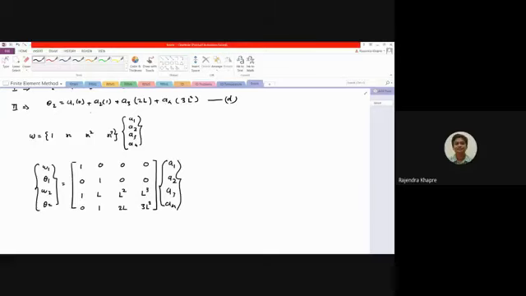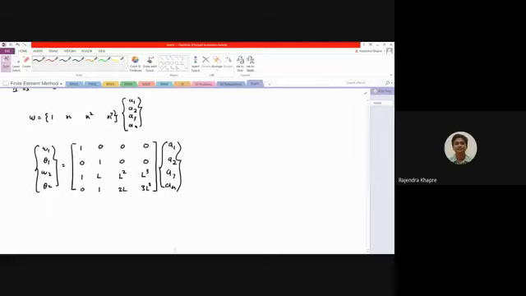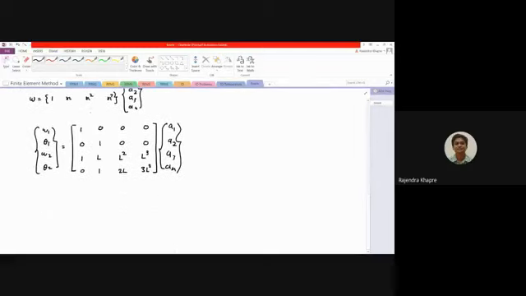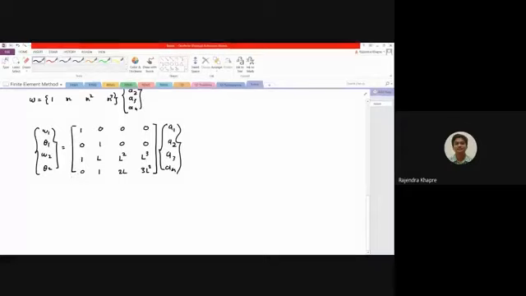Now how to do this? The simplest way is to take the inverse of this particular matrix, and then we can easily find out the unknown constants. So what I'm doing here is taking this entire matrix on this side.